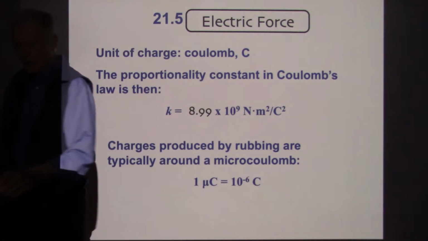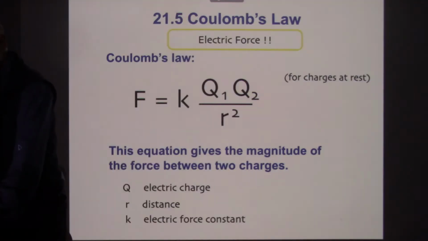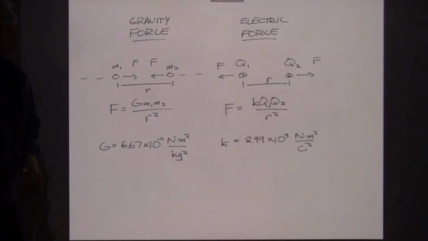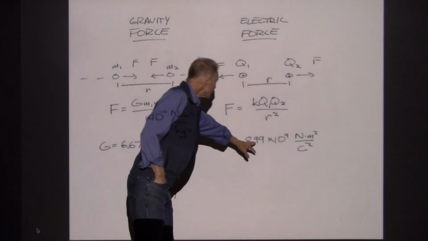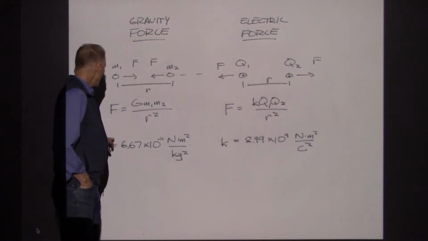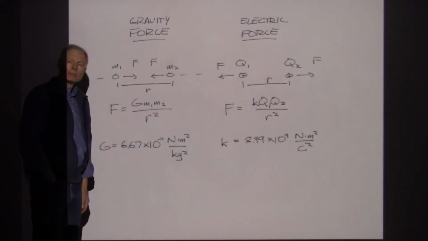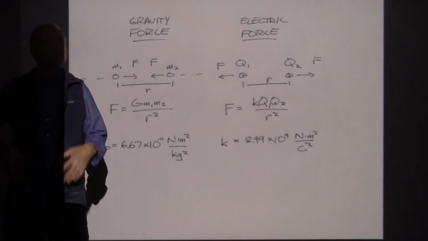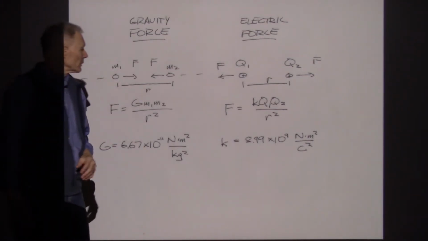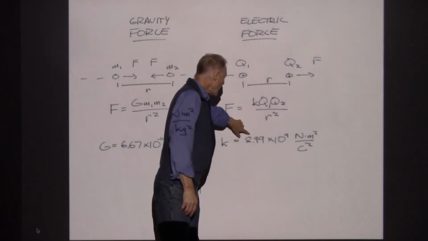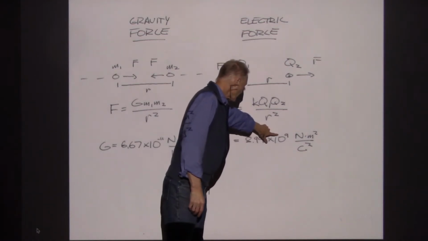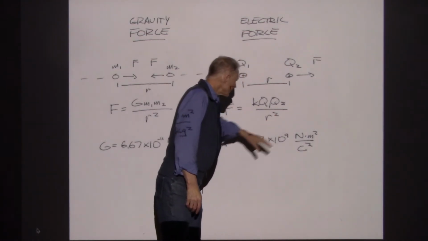Now this is worth going back. Oh, it wasn't so far back. How big is the electric force constant compared with the gravitational force constant? It's enormously bigger. This is basically 9 times 10 to the 9th. 10 to the 9th is a big number.